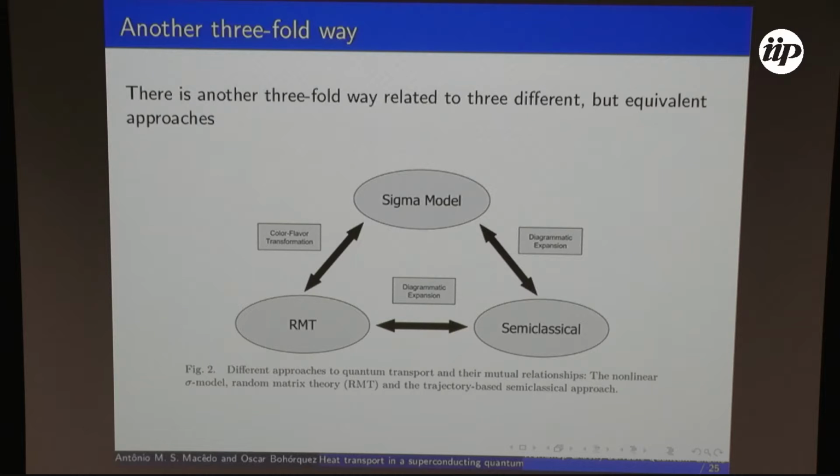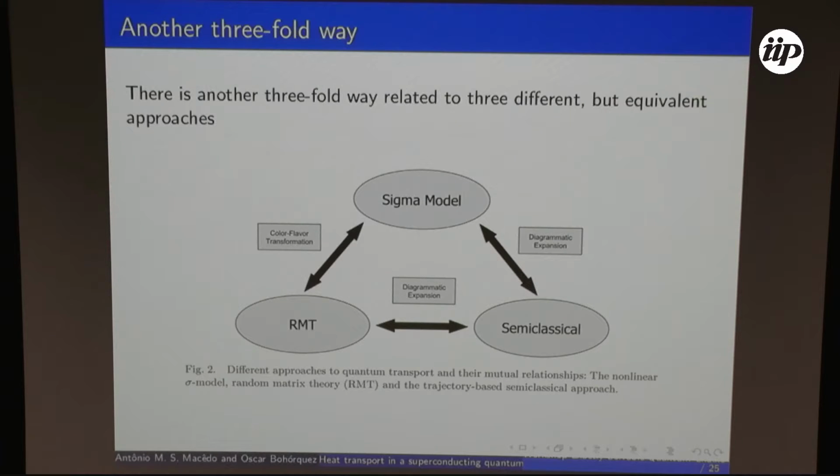One involves the nonlinear sigma model, of which there are three varieties: the supersymmetric nonlinear sigma model, which is the one I'm going to show you connections to, the Keldysh nonlinear sigma model, and the replica nonlinear sigma model.